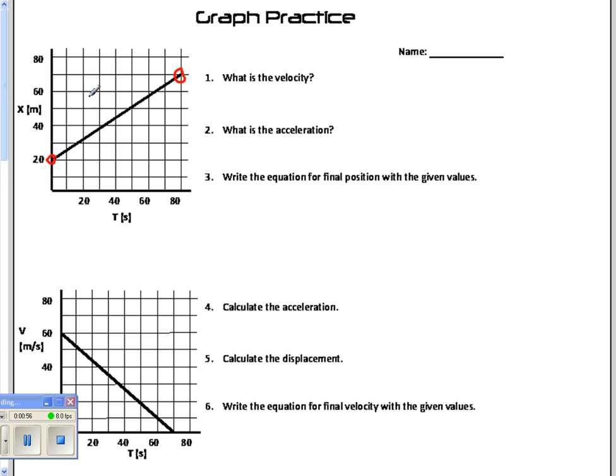All right. So our x value, we have to get rise over run, we need to get our rise, which is going to be, it goes from 20 to 70. So our rise will be 70 minus 20.